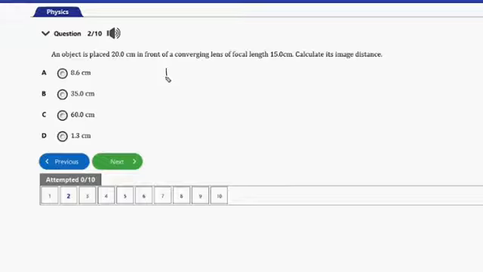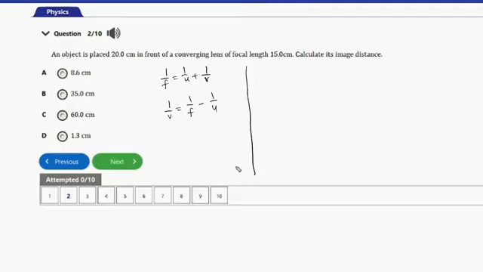So if we use the formula 1 over f is equal to 1 over u plus 1 over v, and since we are looking for v, we make it the subject of this equation, where 1 over v is equal to 1 over f minus 1 over u.